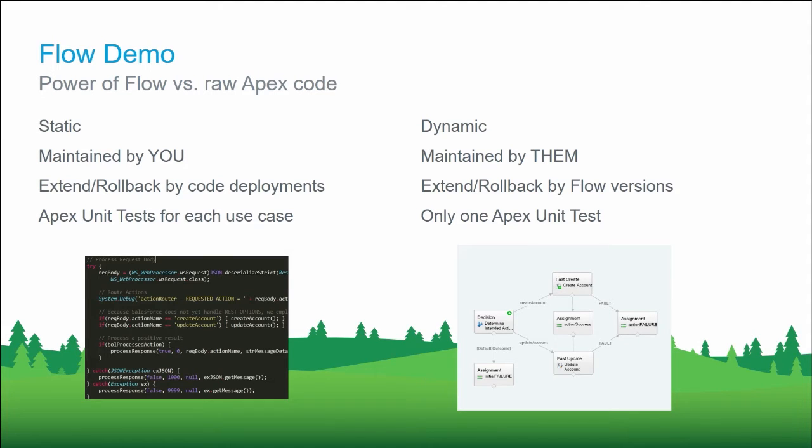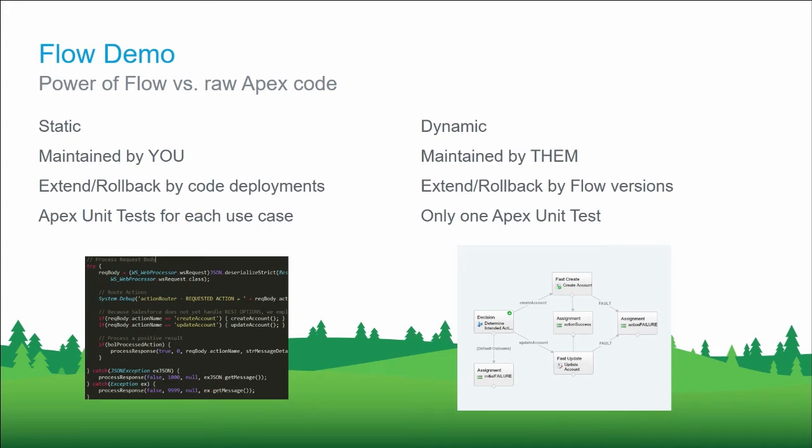And then we have to have Apex unit tests, right? Our friend Mr. Unit Test. We have to have unit tests for each use case when we come to Apex. Every method that we put in there, we have to express a unit test around. Dynamically through Flow, it's maintained by the business. They can extend and roll back by flow version. So they could be working on a new version of the flow for a month and then activate back and forth for A/B testing.